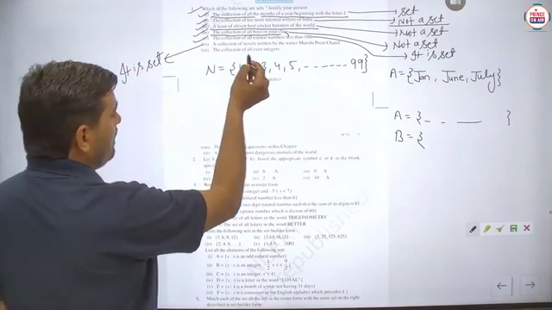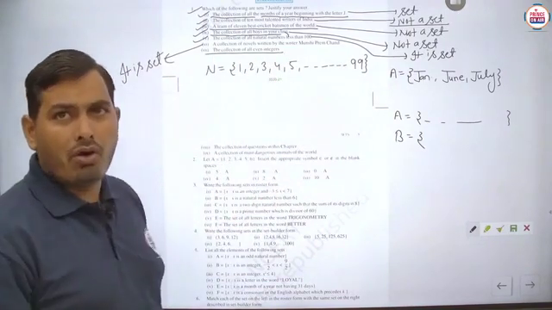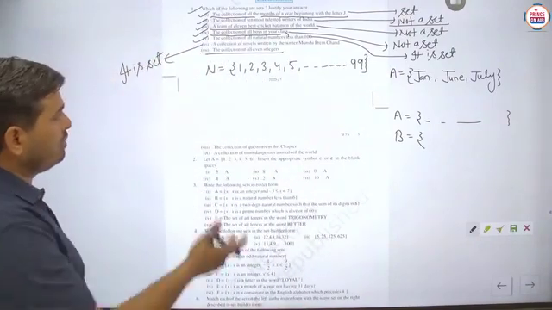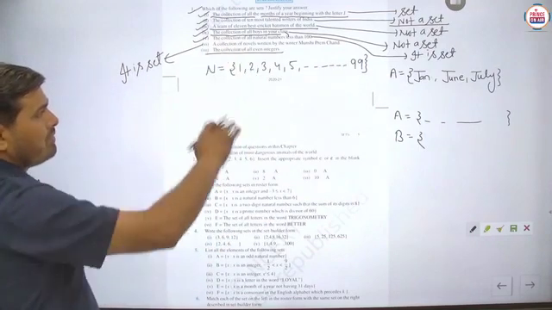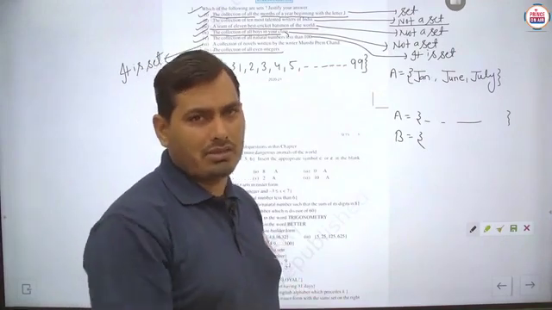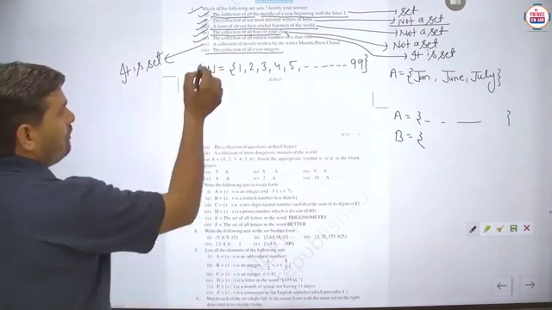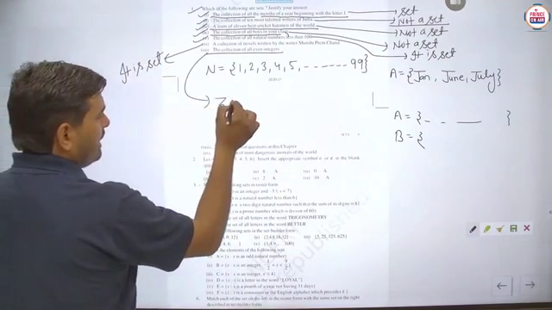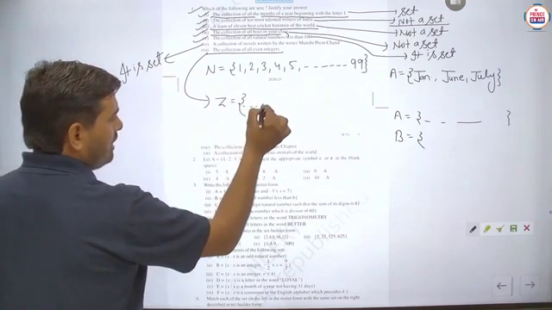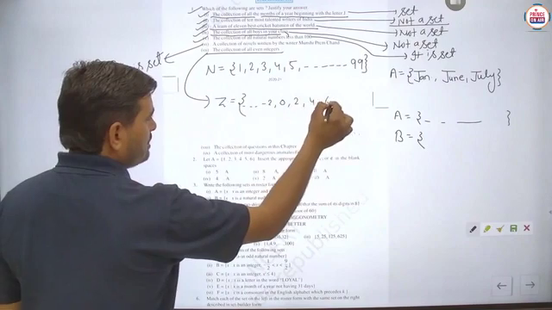Finally, the next part is the collection of all even integers. So basically, students, if we have to discuss all even integers, then each and every student knows very well about even integers. Integers can be either negative or positive, no problem. The collection of all integers is written as Z. Suppose the name of this set is Z, and here we can write -2, 0, then 2, then 4, then 6, and so on.